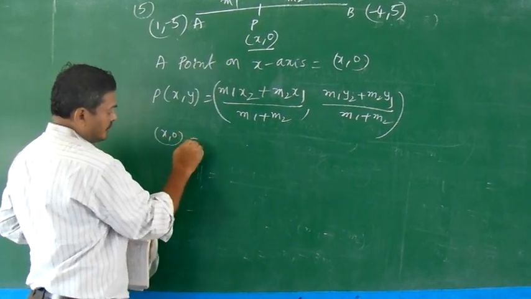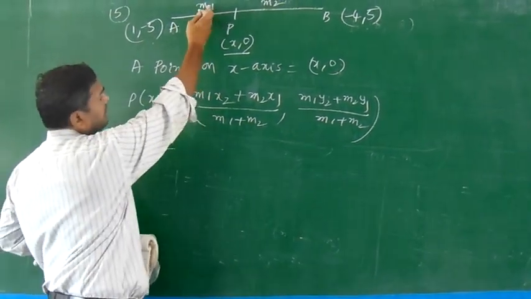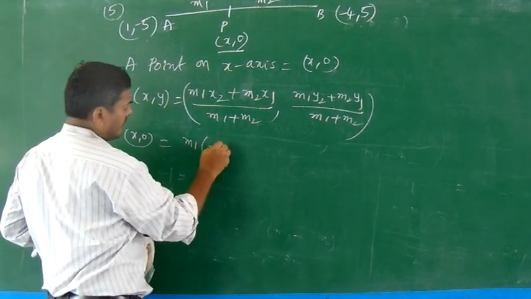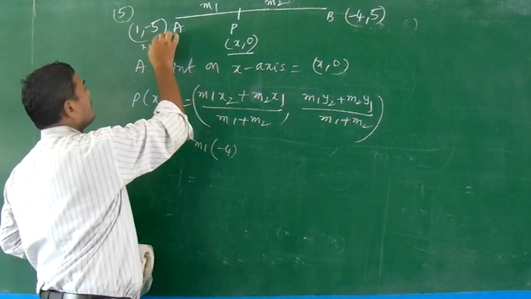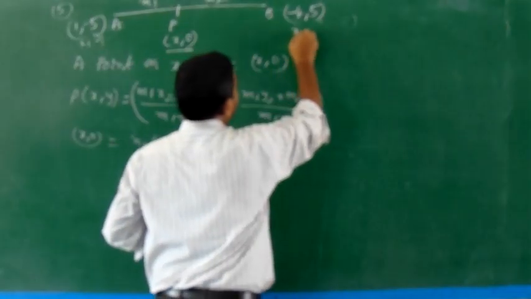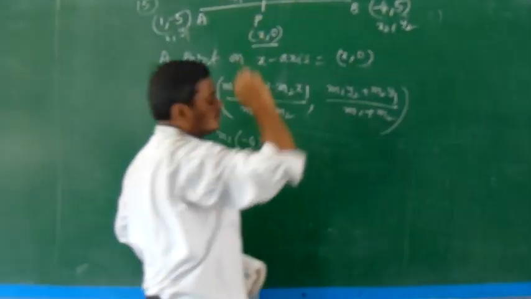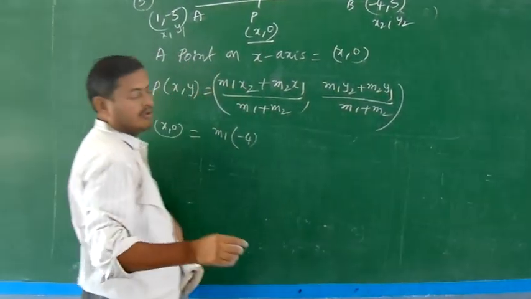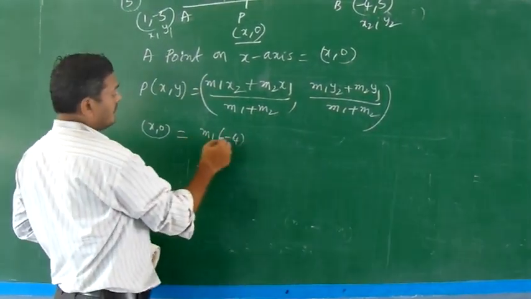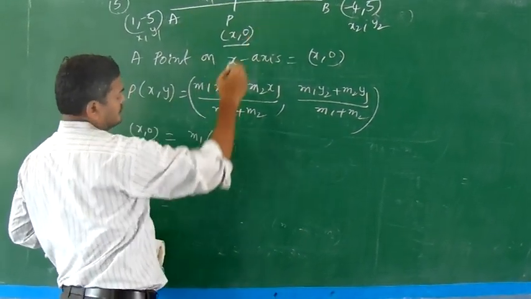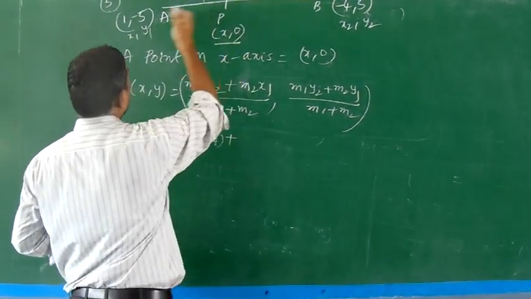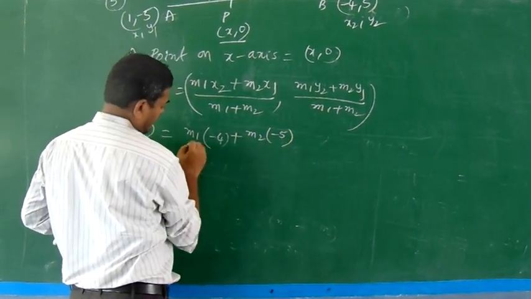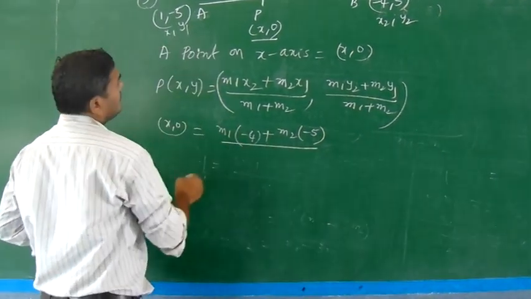Now, what is already given? x comma 0 equal to m1 x2, that is m1 into minus 4. This is x1, y1 and this is x2, y2. Now m1 x2 plus m2 x1, m2 into 1, by m1 plus m2.